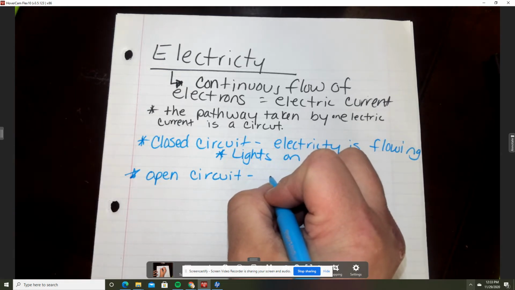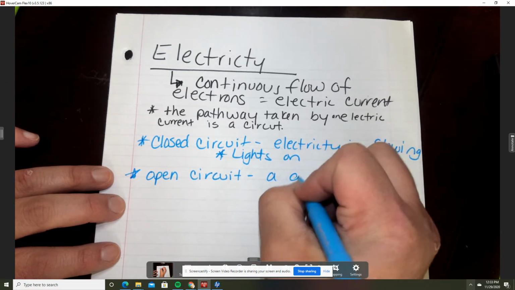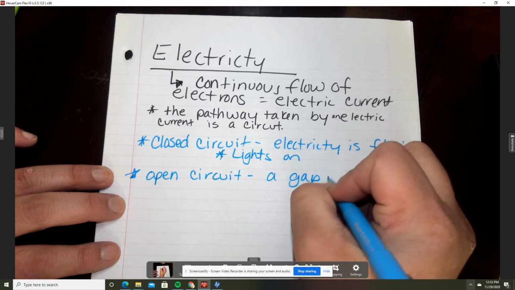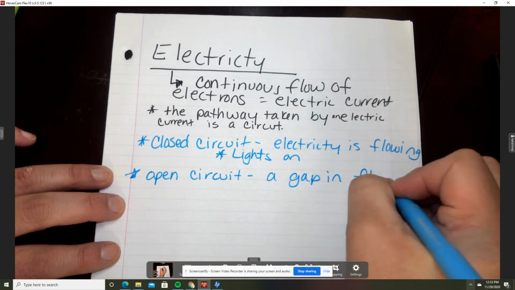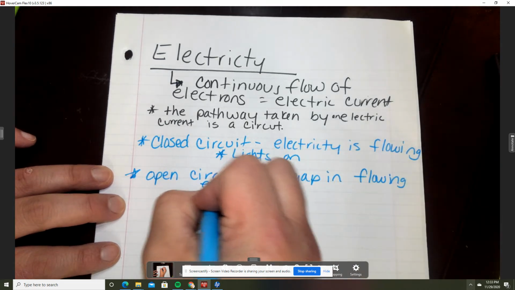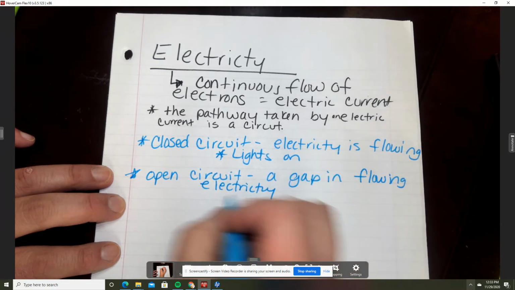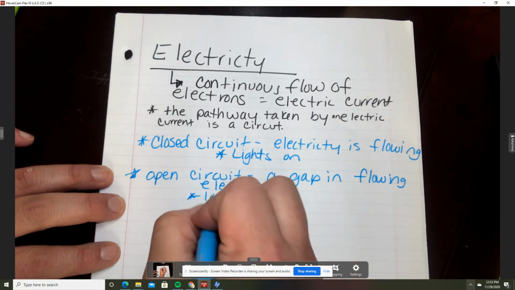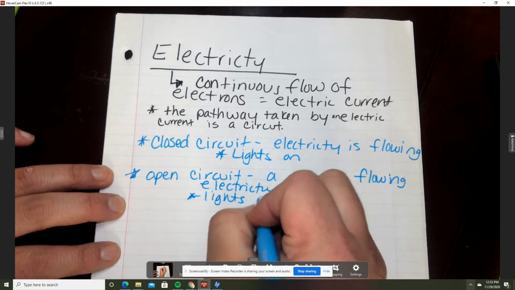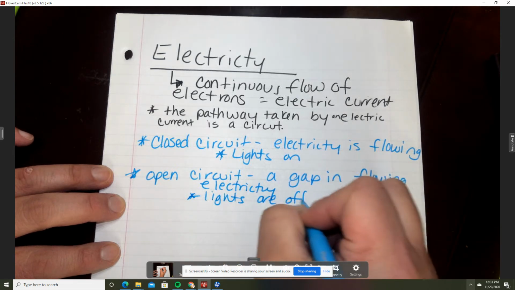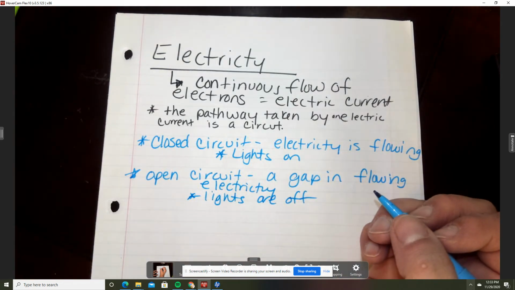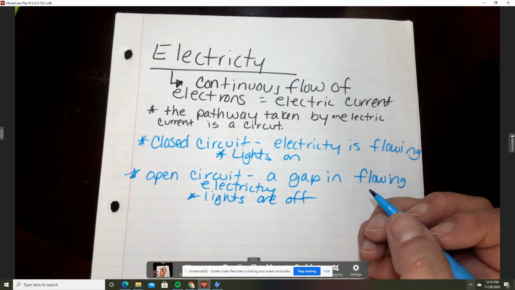It is a gap in flowing electricity. So that is when lights are off. My husband and I have worked really hard to get my house decorated for Christmas, and I always unplug everything before we go to bed.